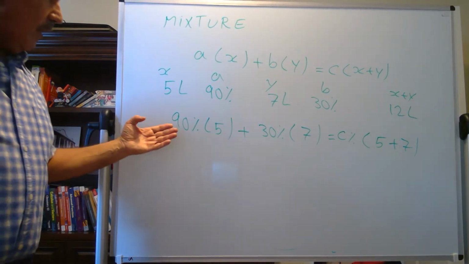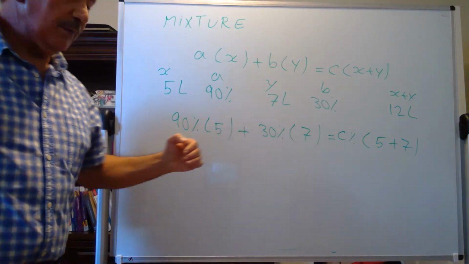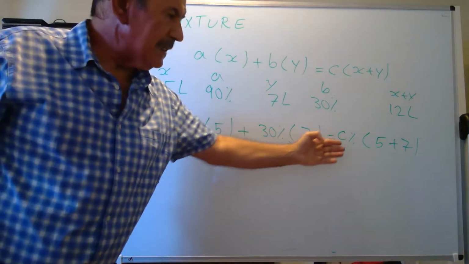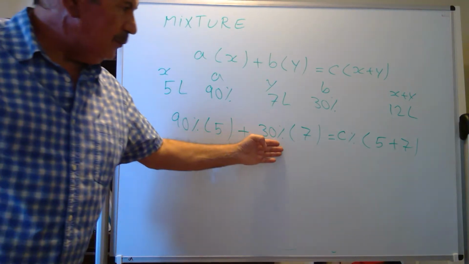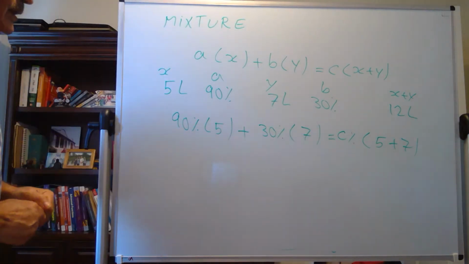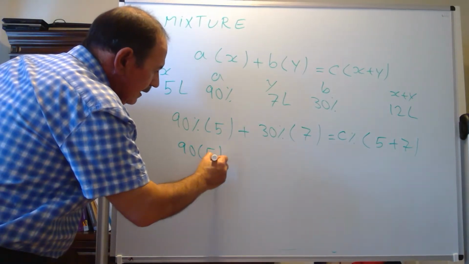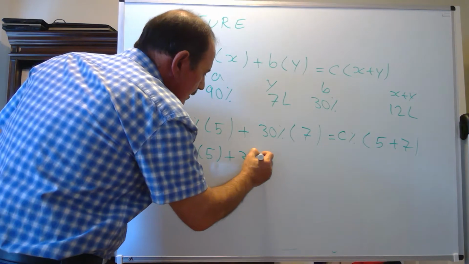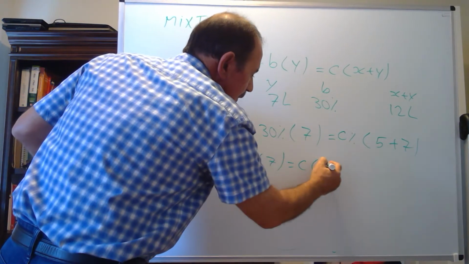We should convert percent to decimal to substitute in the formula. But because all of them are percent, I don't need to divide by 100. I can just remove this percent sign. So it's going to be 90 times 5 plus 30 times 7 is equal to C times 7 plus 5, which is 12.